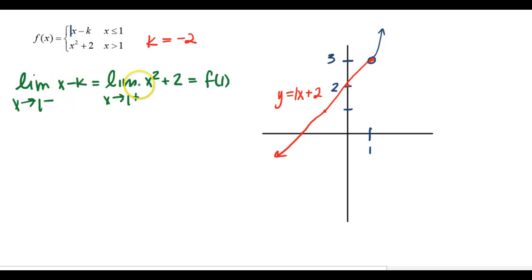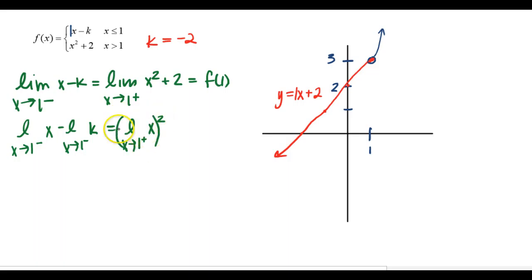So now we just solve each of these limits. We can do that using our limit laws. So the limit as x approaches 1 from the left of x, minus the limit as x approaches 1 from the left of k. And then on the right side, I have the limit as x approaches 1 from the right of x squared, or really, this whole quantity squared, plus the limit as x approaches 1 from the right of 2, and that's going to have to equal f of 1.